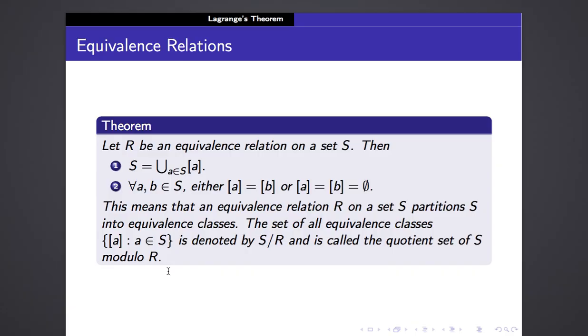But also for us later on, from here we can come up with a new group structure, which is called a quotient group. Not every equivalence relation leads to a quotient group, but a particular type of equivalence relation does.